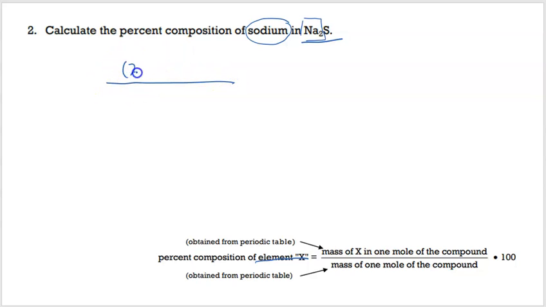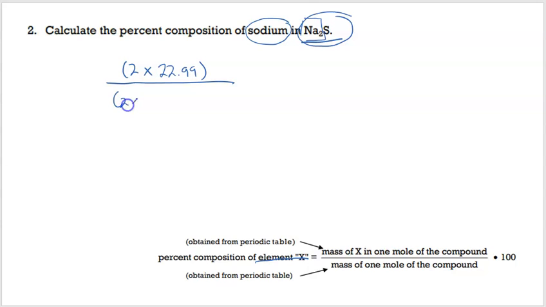We're going to go 2 times the mass of sodium, which you get from your periodic table, is I believe 22.99, over the combined mass of both the sodium and the sulfur.